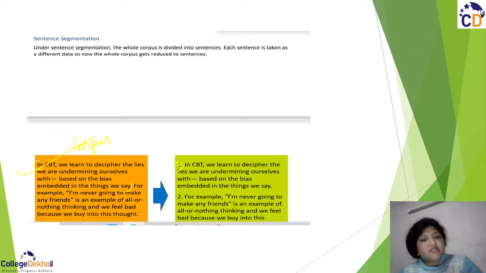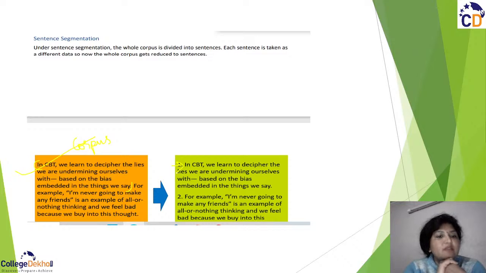The second sentence, for example, "I am never going to make any friends" is an example of all-or-nothing thinking, and we feel bad because we buy into this thought. This will be your second sentence.